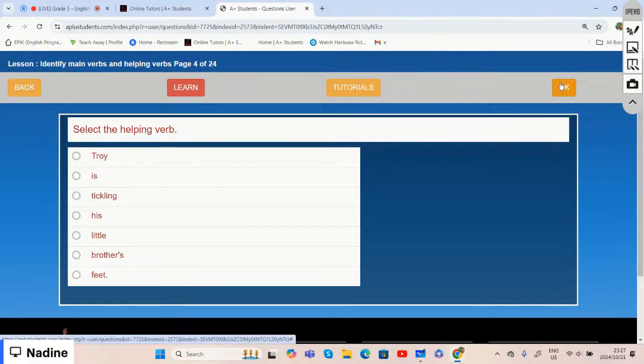So we said we had to identify the main verb, it's the action. But before the main verb, we have the word is, and that is the helping verb that helps the main verb to show action.